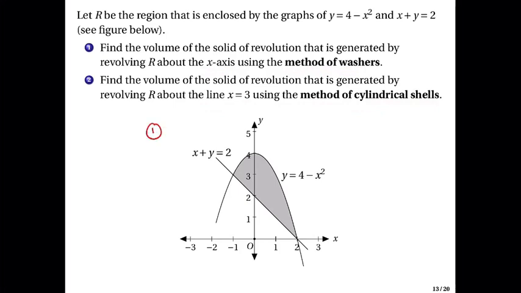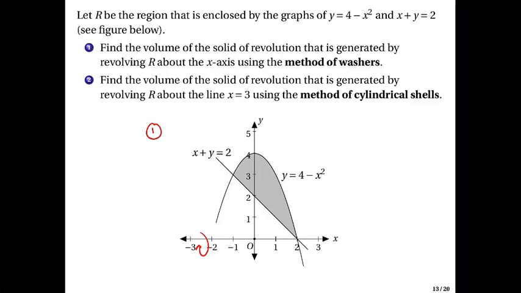So we want the solid that is generated by revolving the region R about the x-axis. Okay, so we have this axis of revolution here. And then we want to find the volume using method of washers.